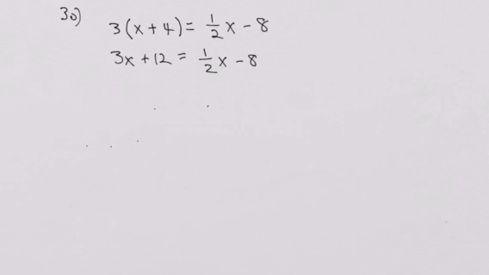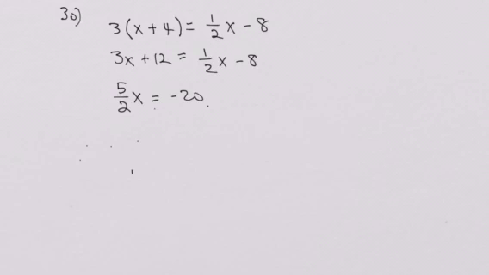I'm going to subtract 1/2 x from both sides. That's going to give me 3x minus half of x. That is 2.5x. I'm going to do it the way I would do it, which is to write 2.5 as 5/2 times x. Now I'm going to subtract 12 from both sides, and that's going to give me 5/2 x equals -20.